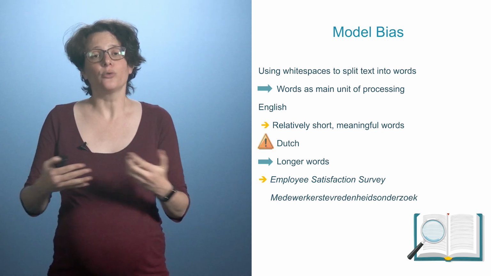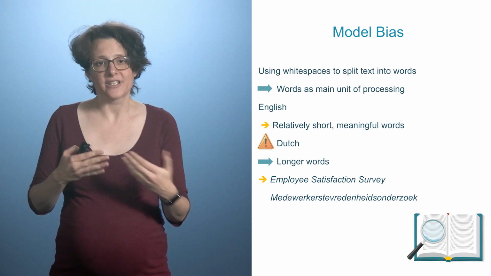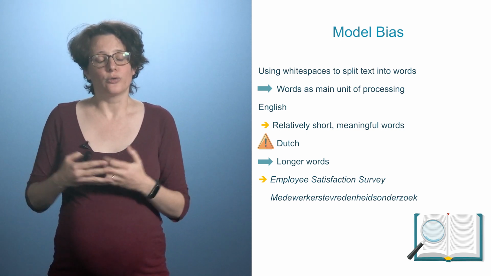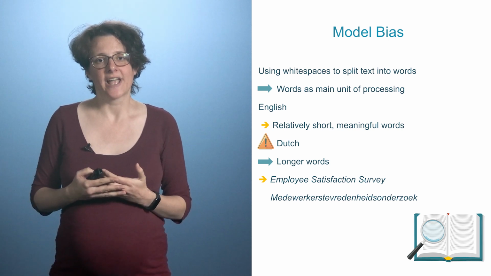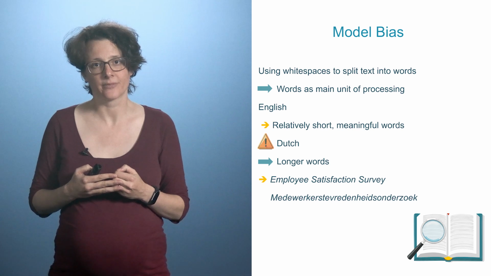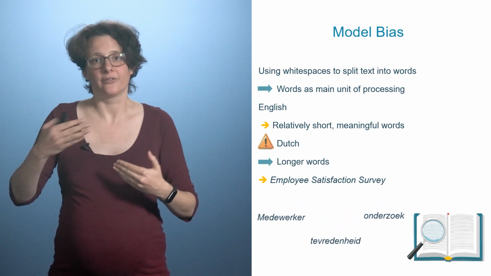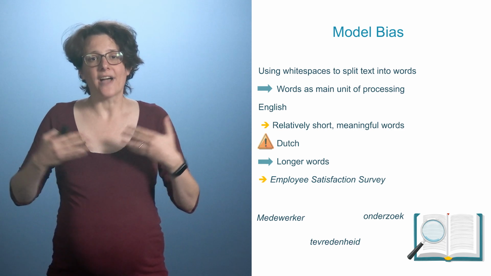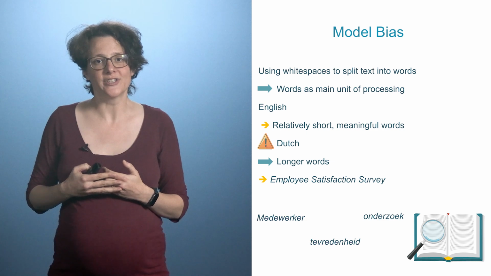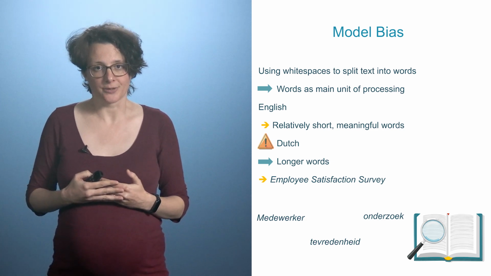Now, if we want to find out information about this word, looking only at occurrences of this very specific and long word, we're not going to find many such occurrences, and we're going to have a relatively poor representation of it. By contrast, if we split it into medewerker, tevredenheid, and onderzoek, we'll have many more occurrences of these different parts of the words, and we will be able to learn much more meaningful information.